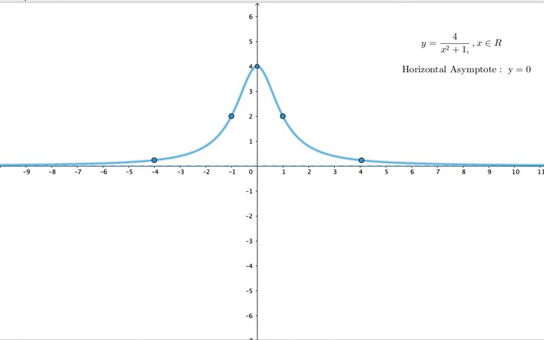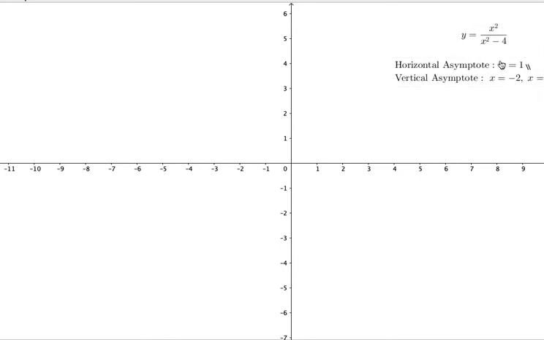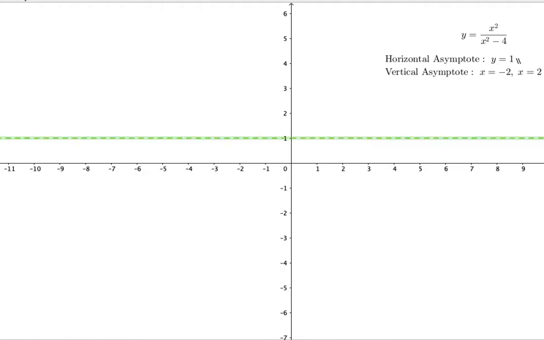Last example. This one is the most complicated one. So I'm just going to tell you right off the hop here that I have a horizontal asymptote at y is equal to 1. So I'm going to draw that even before. Magically, this algebraic form tells me my horizontal asymptote.